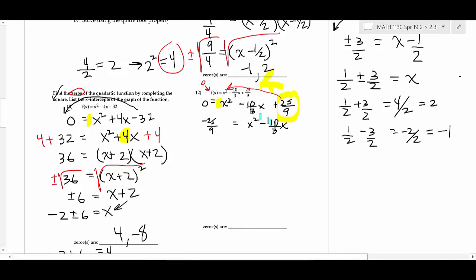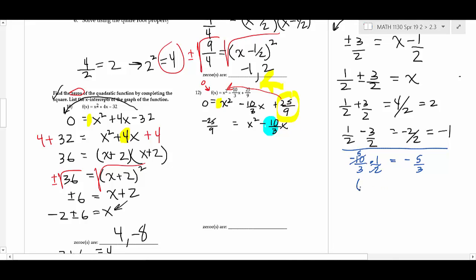So what we do is you look at the number in front of x, and you always do the same thing. You take that number, and then you take half of it. So if you did that, you can actually just reduce: 10 over 2 is 5, so that would give negative 5/3. So you take half of that.